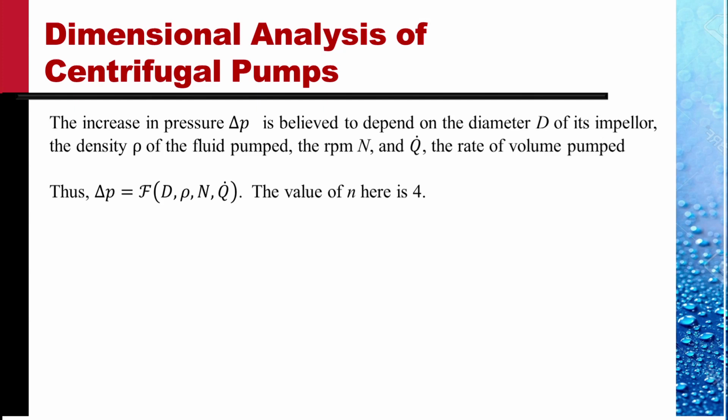Thus, delta P, the increase in pressure, is a function of d, rho, n, Q dot. The value of n here is 4.